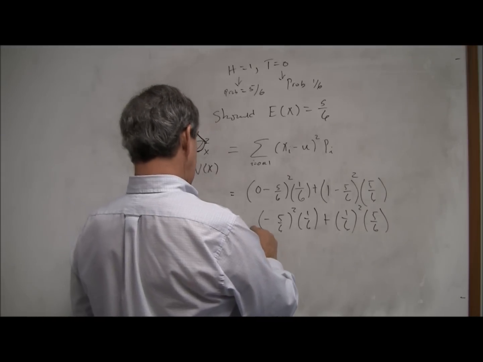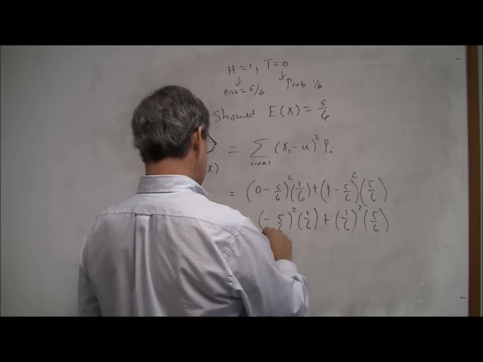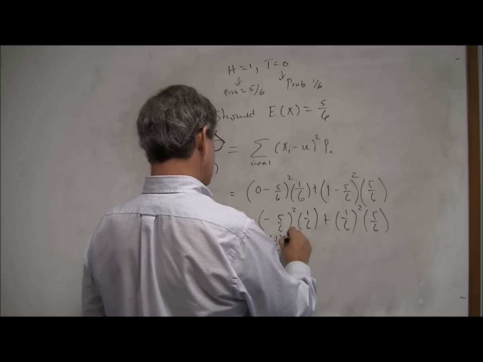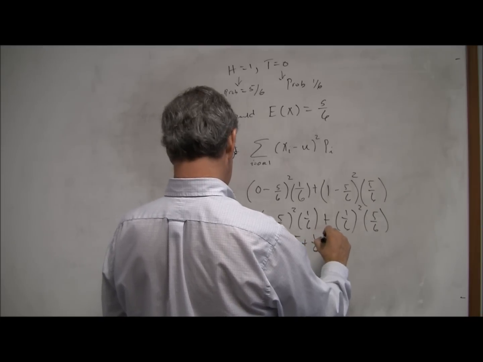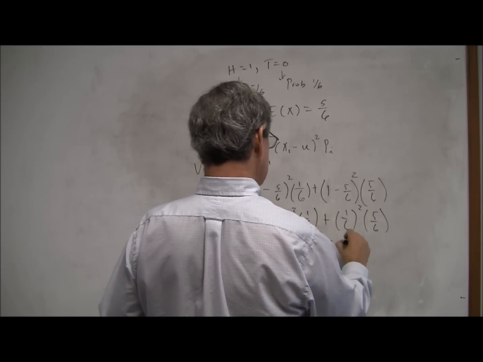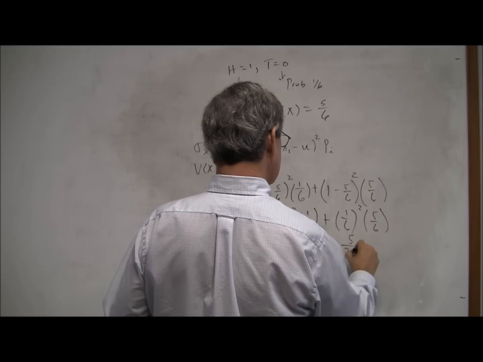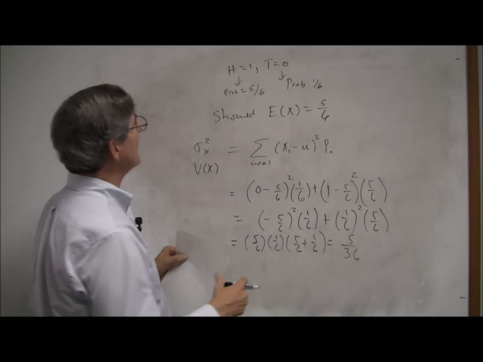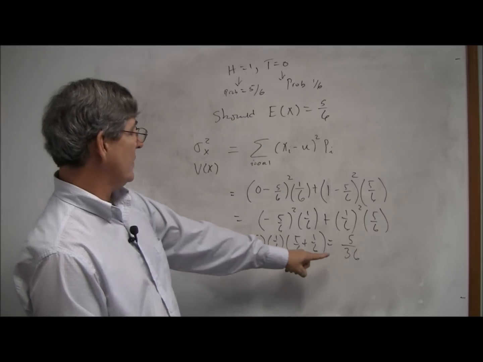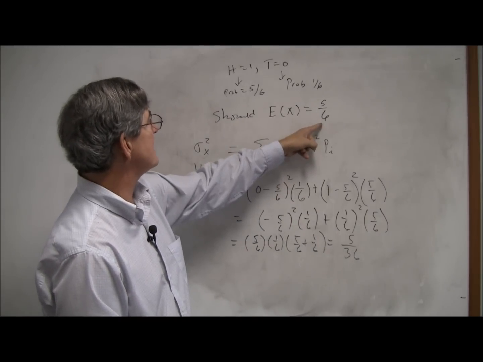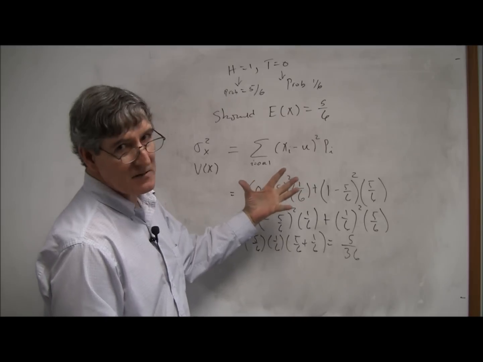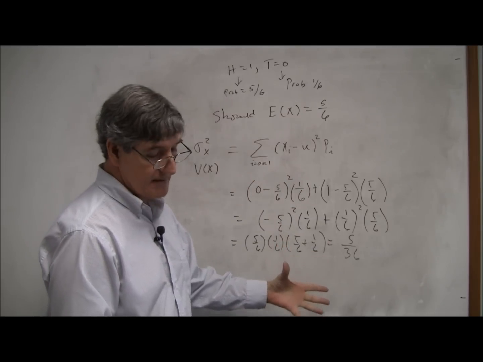That turns out to be 5/6 times 1/6 times 5/6 plus 1/6, which is 5/36. So the variance in this example would be 5/36. The expected value of x is 5/6, and the variance of x turns out to be 5/36.